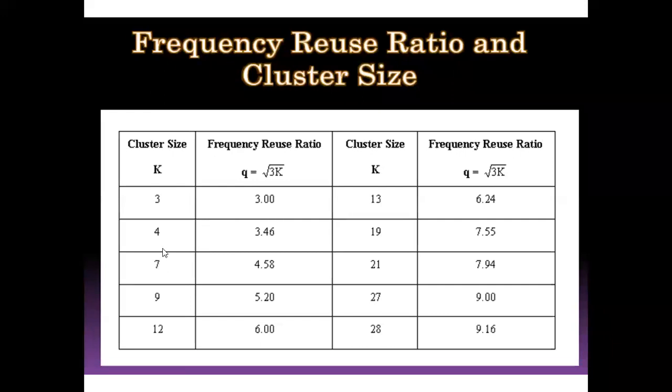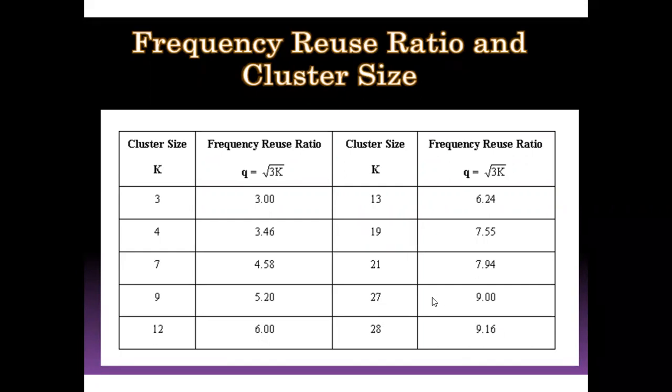Then for 4 it is 3.46, for 7 it is 4.58, for 9 it is 5.20, for 12 it is 6, and so on. Up to 28, we can put the value of k and calculate the corresponding value of q after taking the square root.